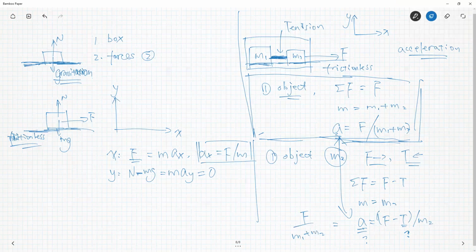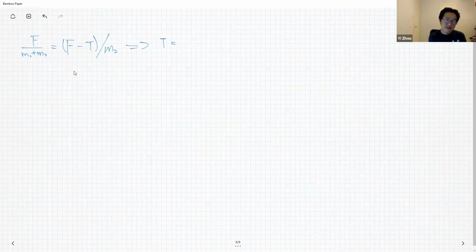Let's solve together. So let's write again. We have F divided by M1 plus M2, which is the acceleration, equal to F minus T divided by M2. So can you solve T from here? Cross multiply.